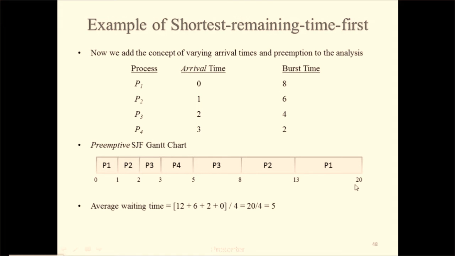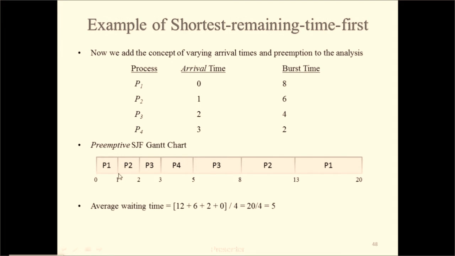For P1, 1 to 13. Here it is 0. So if we calculate only for P1, then 0 and 12 equal to 12. So for P1 it is 12. For P2, it was 0 here. Do remember that the arrival time of P2 was 1.